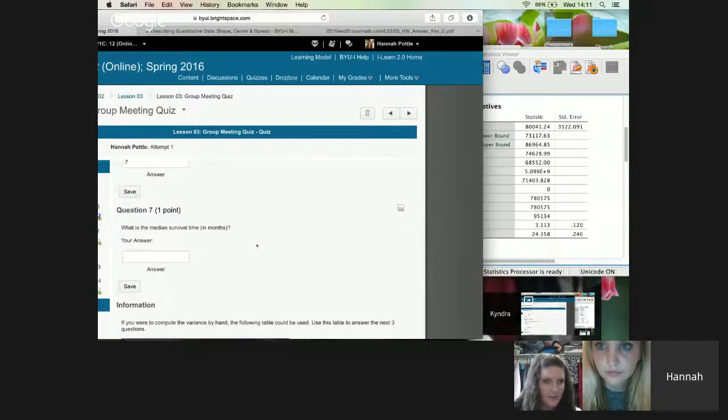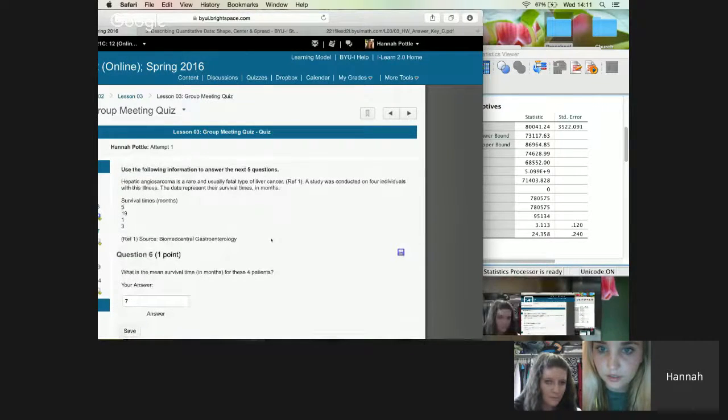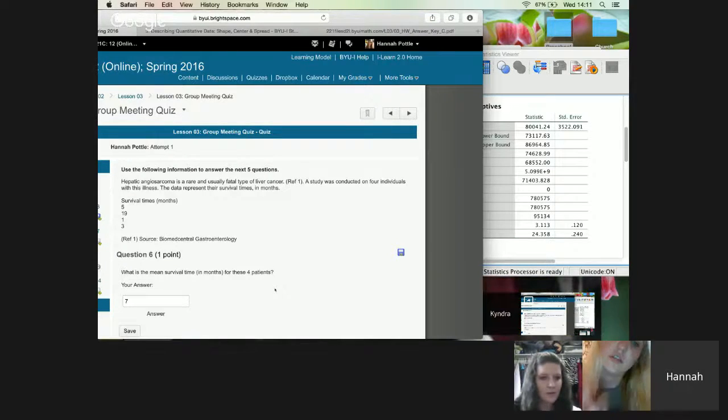The median would be, if we put it in order, 1, 3, 5, and 19. So it would be 4. So you add 3 and 5 and divide them by 2? That's how you do that? I think you just go right in the middle, right?